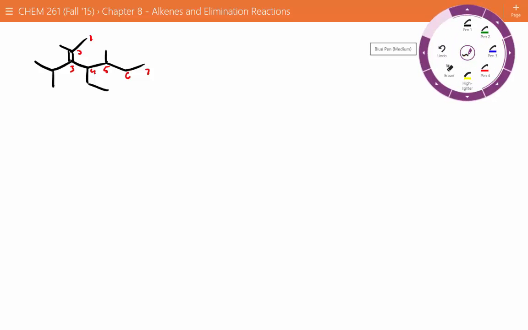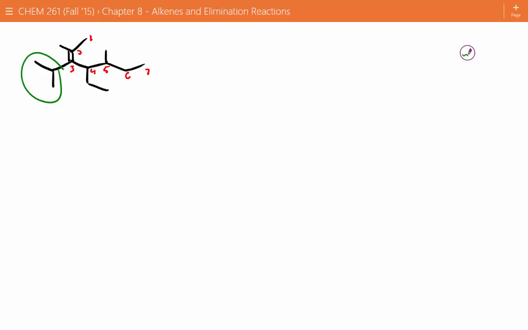Let's go ahead and name this. We've got some substituents coming off of here. So we've got this group. What's that called? Isopropyl. What's this one? Methyl. We've got an ethyl. And then a methyl.